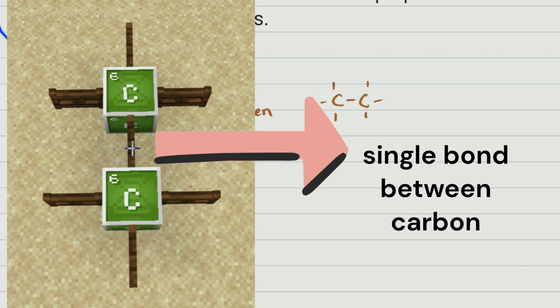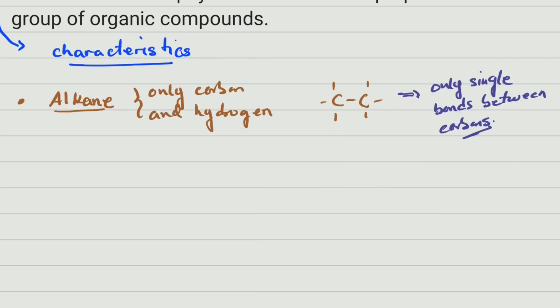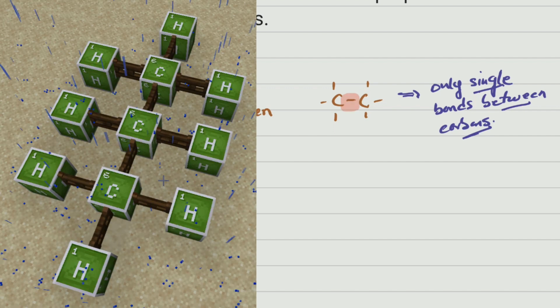For example, like this one is the functional group: only single bonds between carbons, as you can see here.